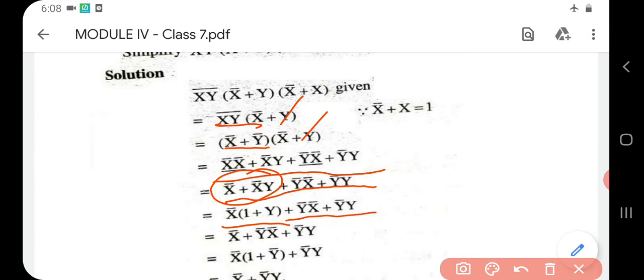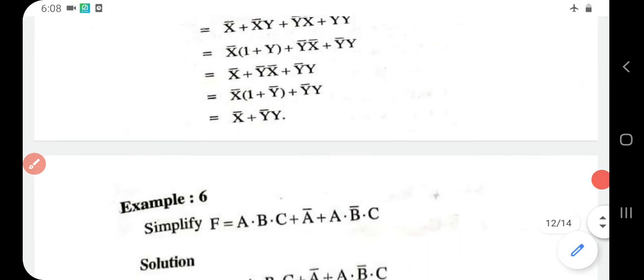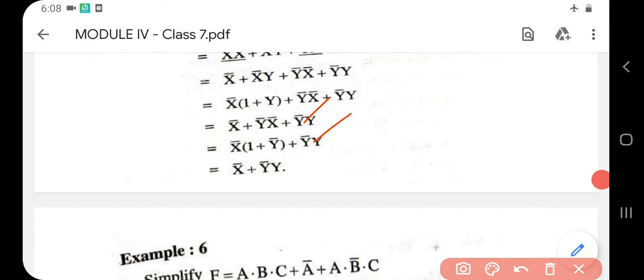Then again 1 plus y is 1 itself, so this will become x bar plus this, which is kept as such. Then finally x bar is taken outside, and within brackets you will have 1 plus y bar. 1 plus y bar is equal to 1. So it will be x bar plus y bar y.